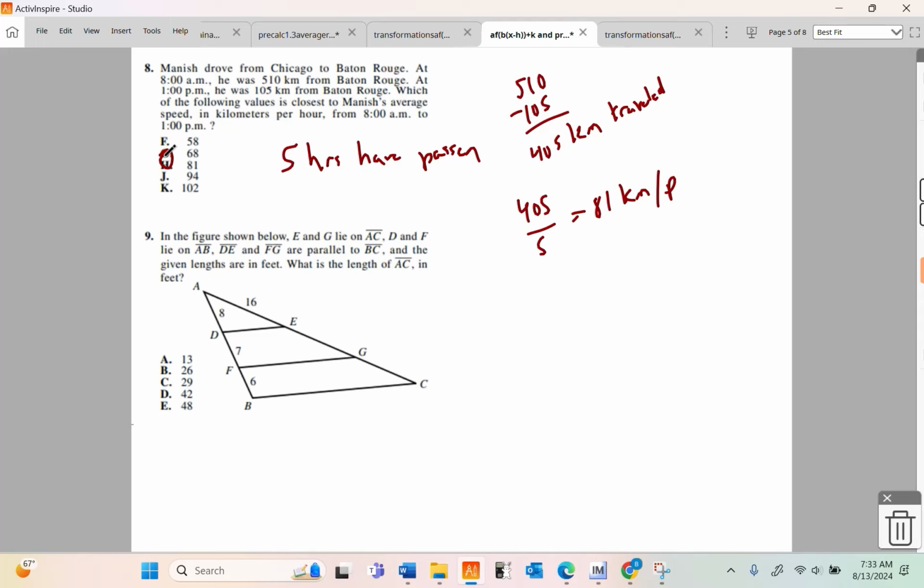Sorry, D, E, and F, G are parallel. What is the length of A to C? Now, there's a couple of different theorems that this is reminding me of, but I want all of AC.